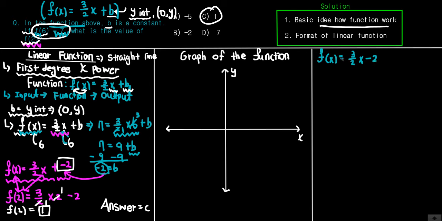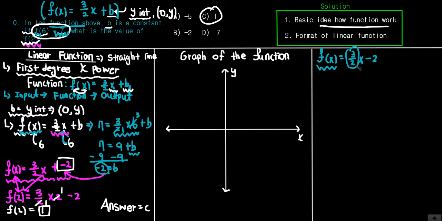And before graphing, we need to think about one more thing: f of x is the same thing as y, just a different form of y. So if we graph it, we can just write this down. f of x is equal to 3 over 2x minus 2. In order to graph it, we can just input some easy values, such as 0 or 1. At first, it is a fraction, which means the denominator should be 1 to make graphing easier.